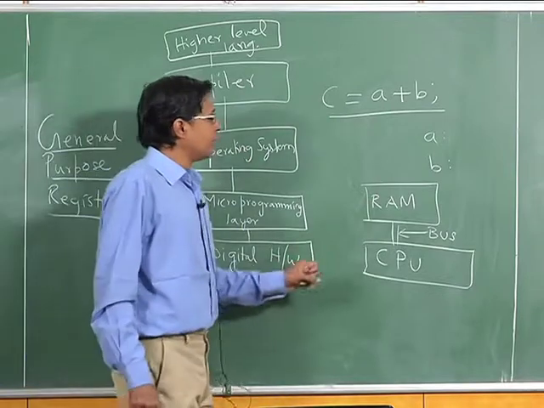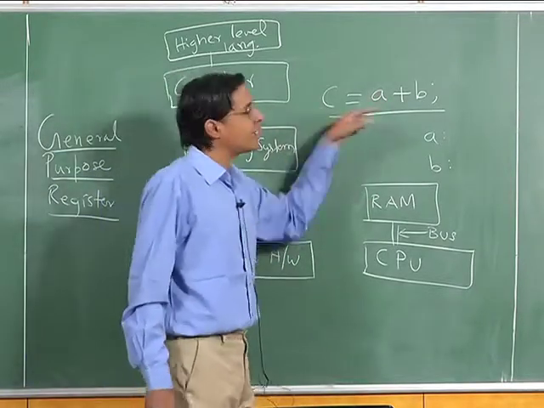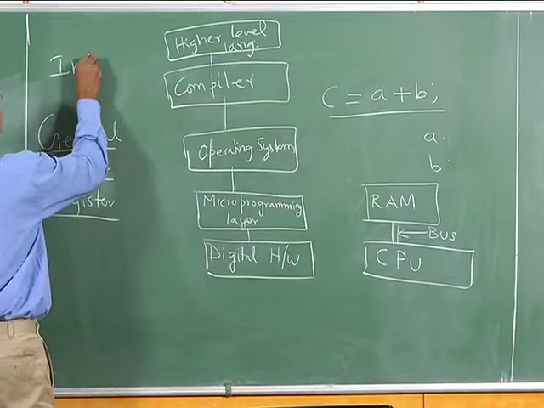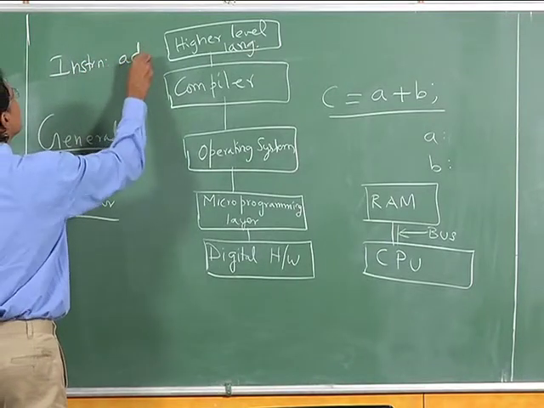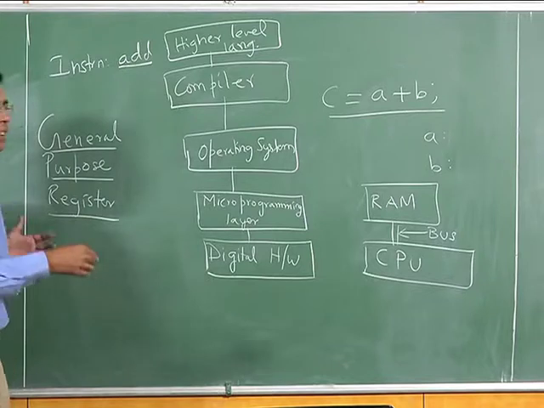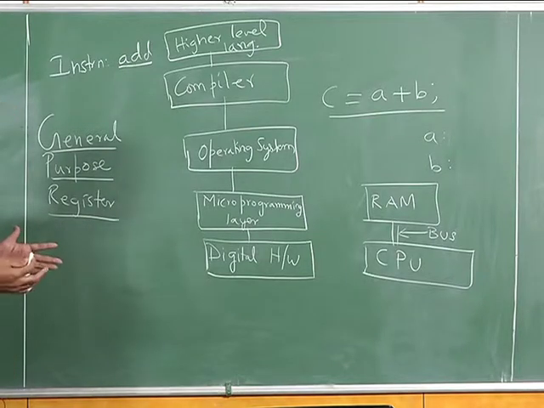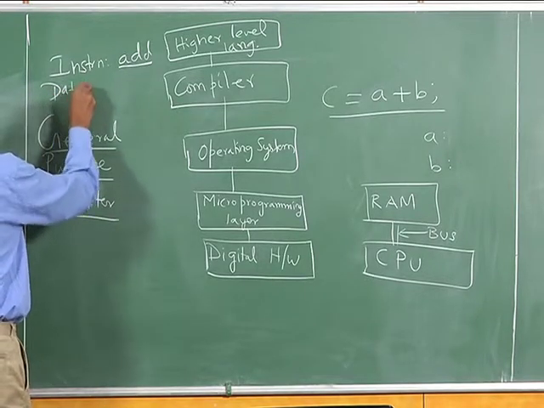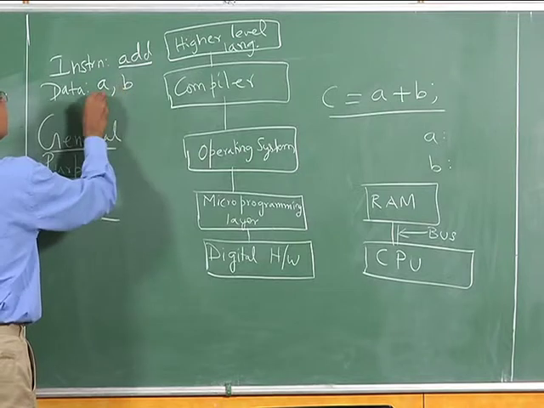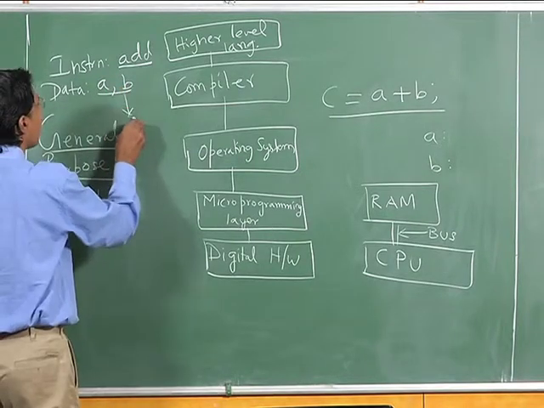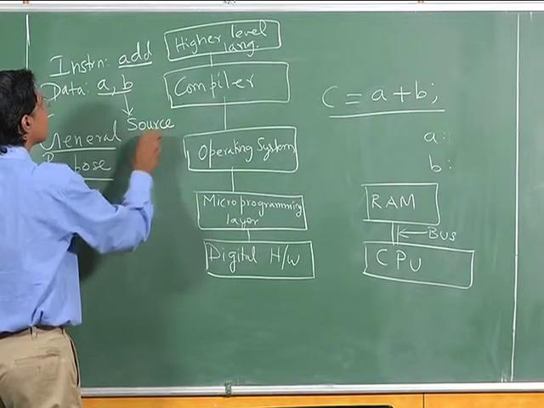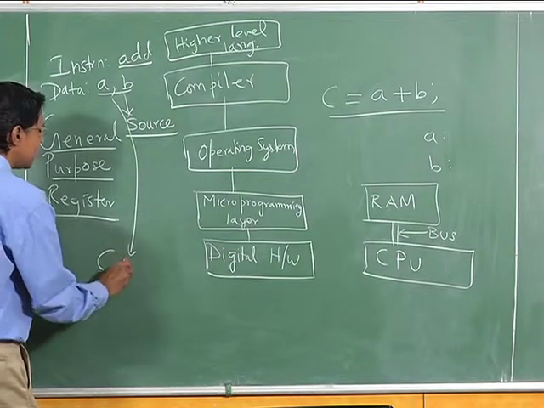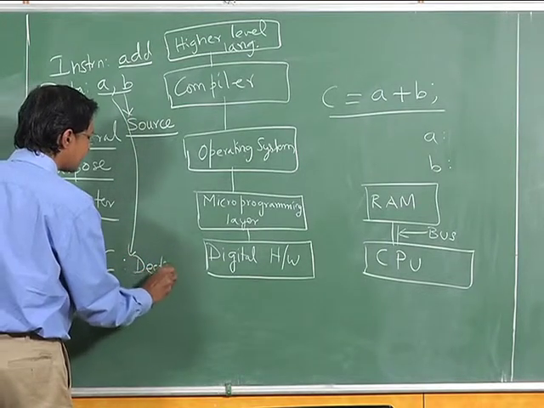So the instruction in this case is add, and the operands or the data in this case are A comma B, which are called source data, and there is another data which is C, which is called destination data.